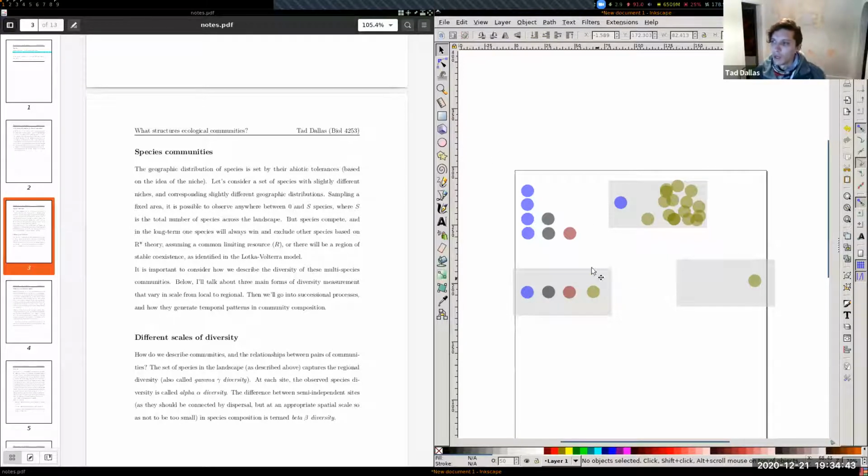We know species richness within this community, alpha diversity, is 4. Gamma diversity is the diversity of species across the entire region. And so gamma diversity here is 4 for everything. So alpha diversity 4, alpha diversity 1, alpha diversity 2, gamma diversity 4. And it's a regional species pool.